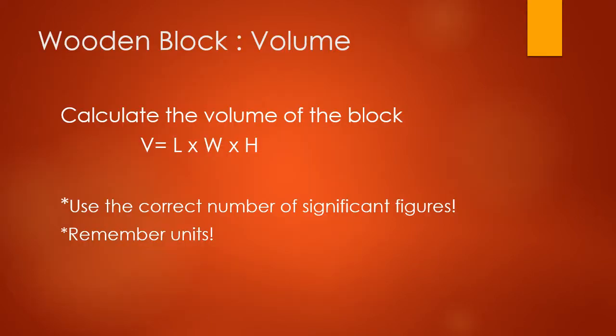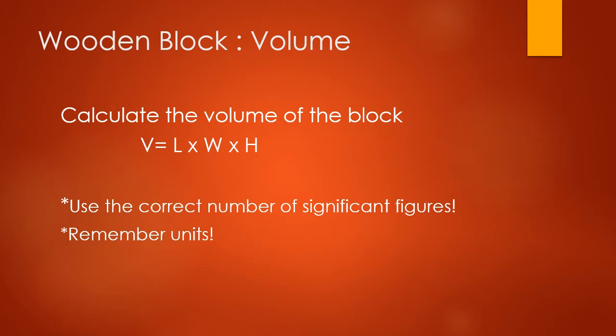Now that you have the measurements of the wooden block, you are going to calculate the volume of the block using the formula length times width times height. Since we're talking about a solid object and you are multiplying the length, width, and height, which are each in centimeters, your units are going to be centimeters cubed.